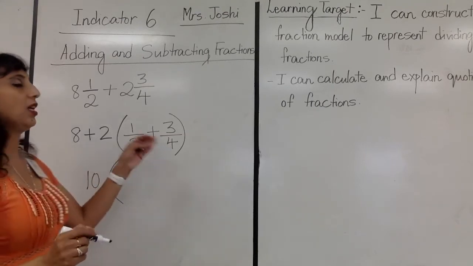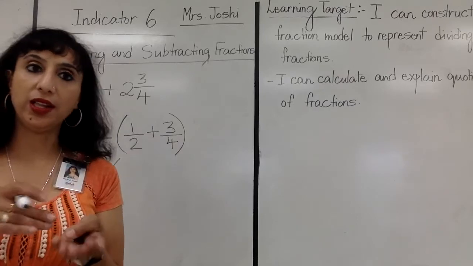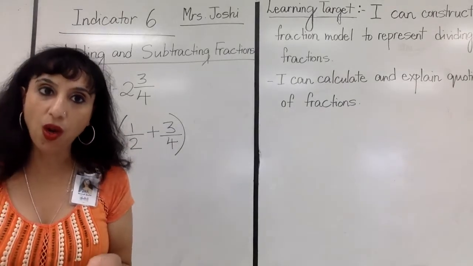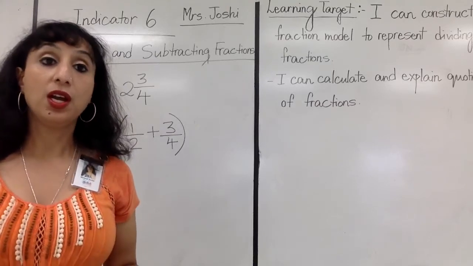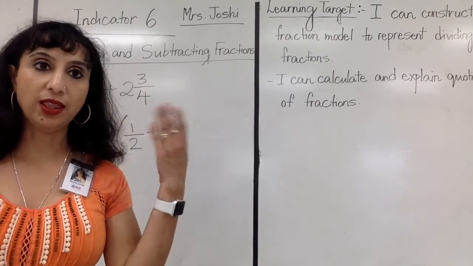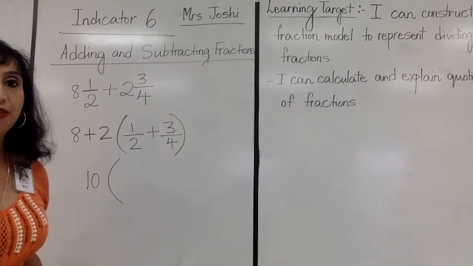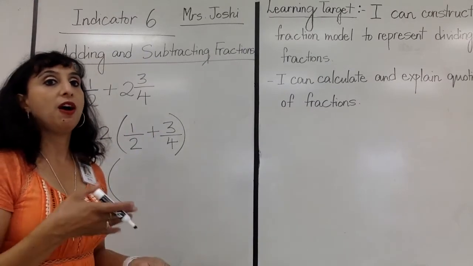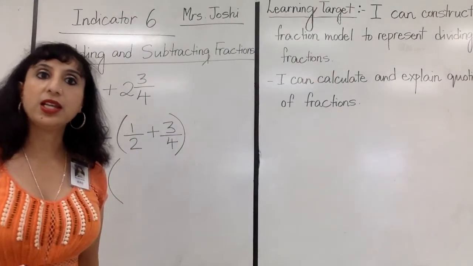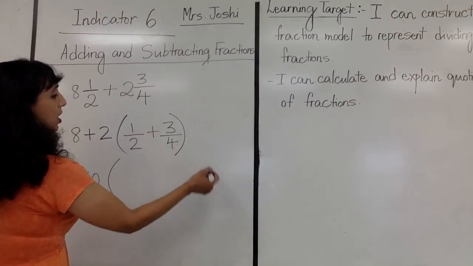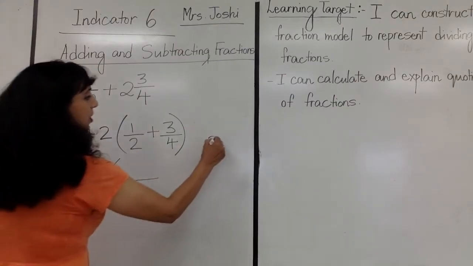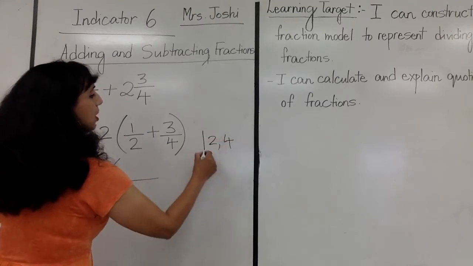And then even if I was thinking about this, I have 3/4 and another 1/4 gives me 1 whole, and then I have another 1/4 left because 1/4 and 1/4 gives me 1/2. So you can think of it that way. But if you were trying to find the least common denominator, that is fine also, okay? So we know in 2 and 4, my least common denominator is going to be 4.